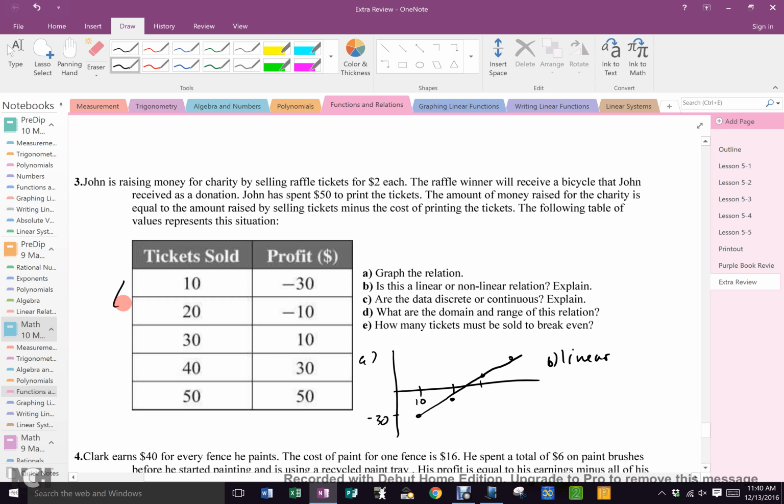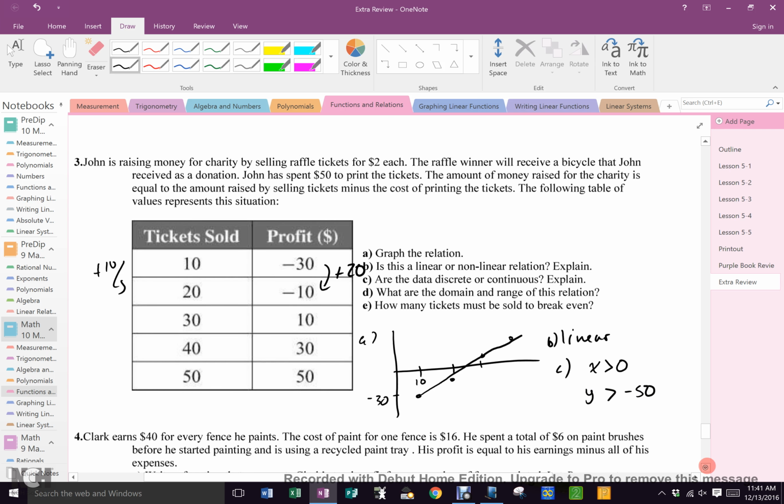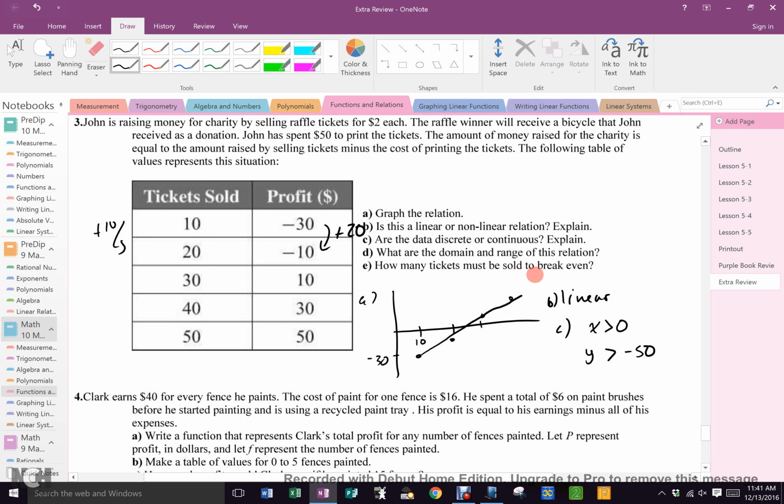Because I go plus 10, plus 20 every time. The domain is the x's, so the domain is greater than 0. X must be greater than 0. And the range, y, must be greater than negative 50. And E, how many tickets must be sold to break even? Right there. So E is 25.